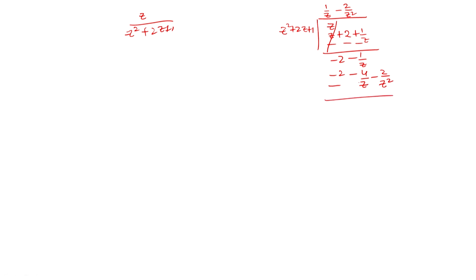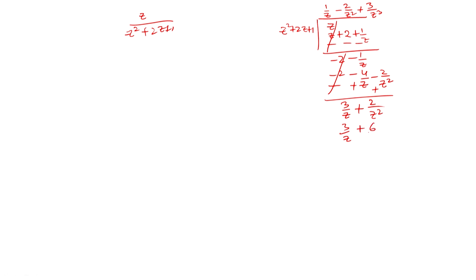So, this cancels, 4 by z minus 1 by z is 3 by z, and then we get plus 2 by z square. So, now in order to cancel 3 by z, we multiply by 3 by z cube. So, we get 3 by z here, then we get 2z into 3, that is 6z by z cube.